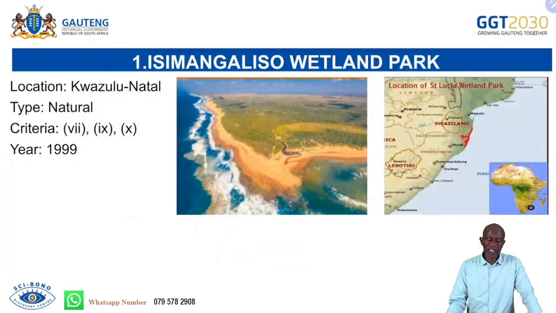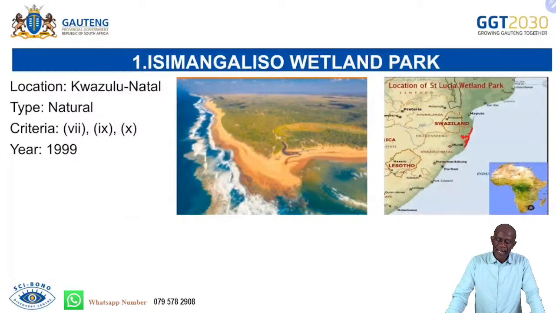Now let's get into the discussion of World Heritage Sites, starting with Isimangaliso Wetland Park. This is how you should write it. You are not going to change its name, because you are going to lose marks if you don't write it or spell it correctly as indicated on the slide.